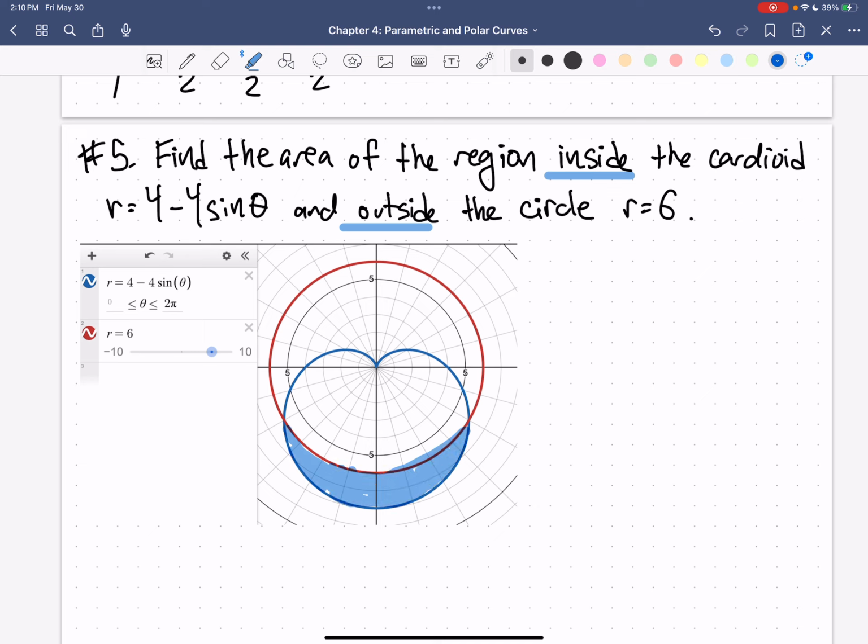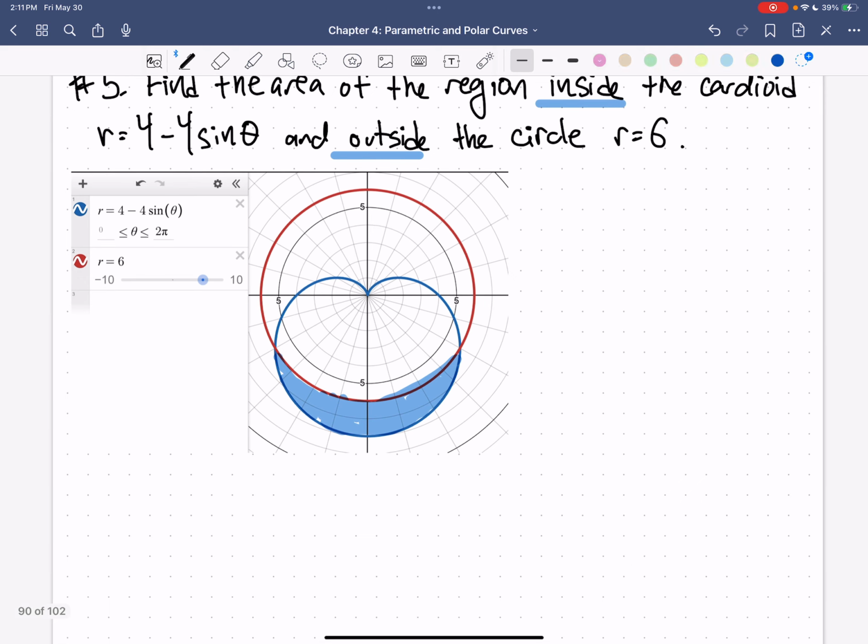In order to figure out this region, we already know that if we're starting from the origin and moving outwards, the outside curve is r of theta equals 4 minus 4 sine theta, and the inside for this whole region is r of theta equals 6.